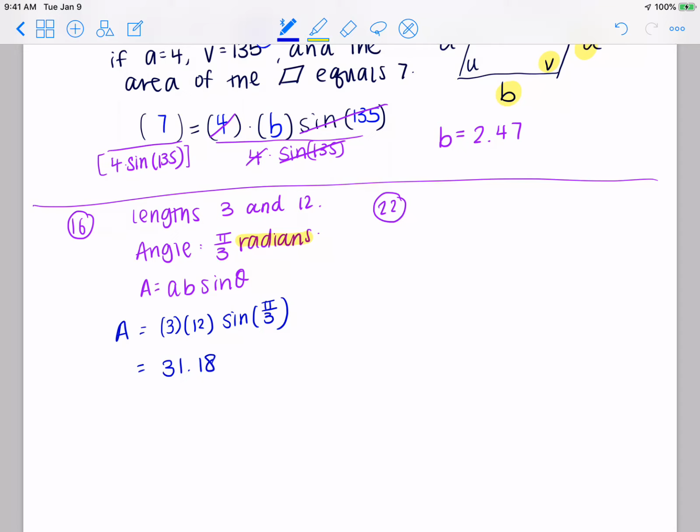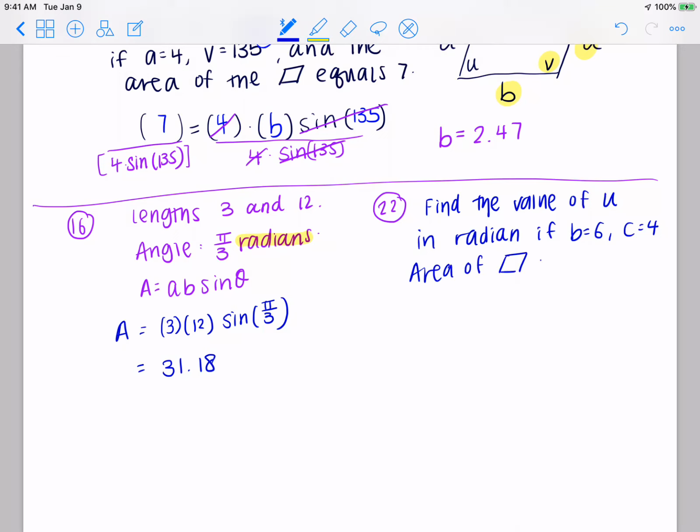All right, number 22. Find the value of u in radians. That means we're looking for the angle. If b equals 6, c equals 4, and the area of the parallelogram equals 19.